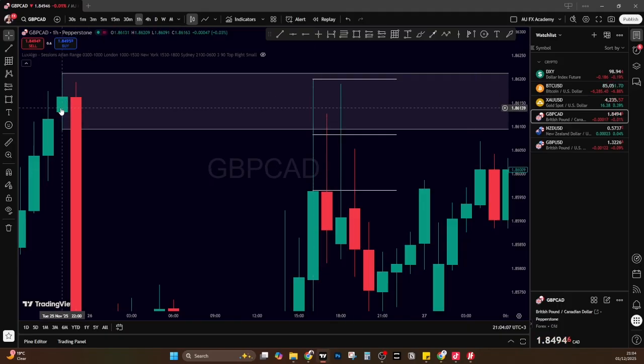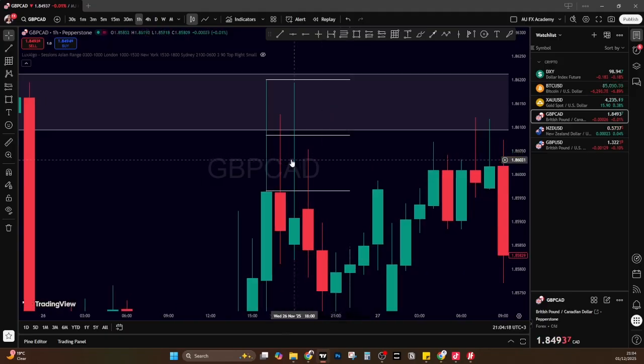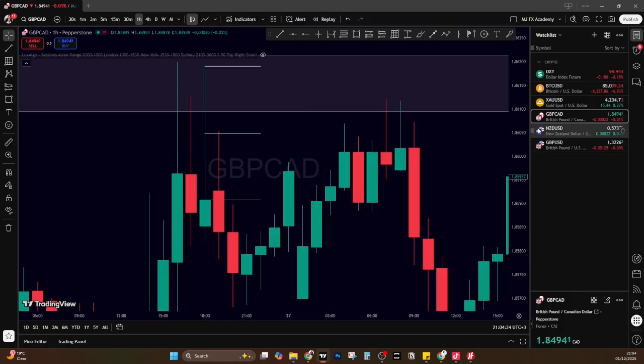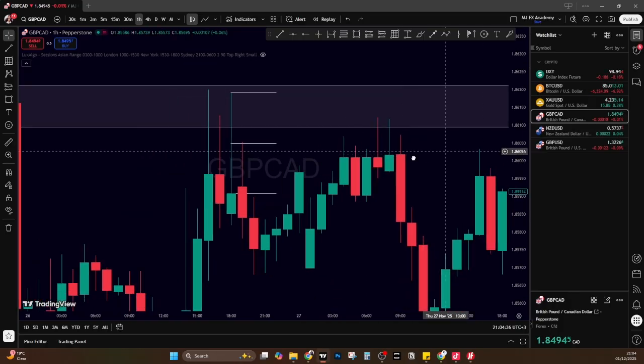Money left from this order block to this weak. This weak was mitigated by this green weak here. So money left from this weak to this weak. So what do you do? You run this weak from top to bottom like that.